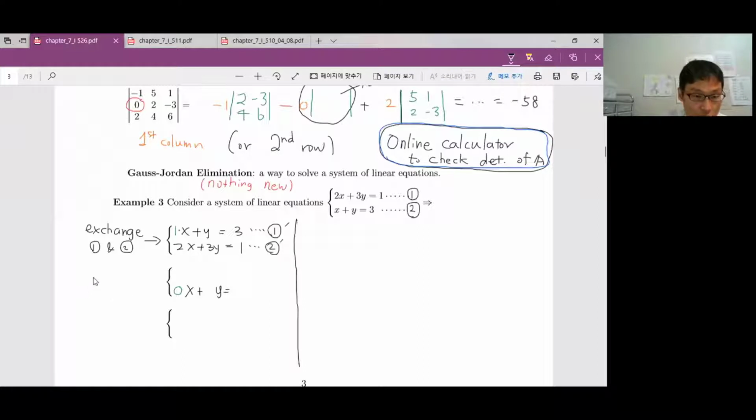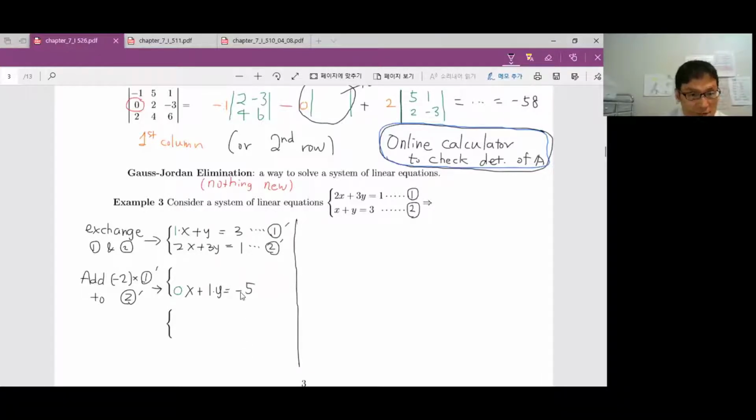So what we can do is to multiply -2 to equation number 1 prime. We add this to equation number 2 prime. Then now second equation becomes 0x plus 1y equals 1 minus 6 or -5.